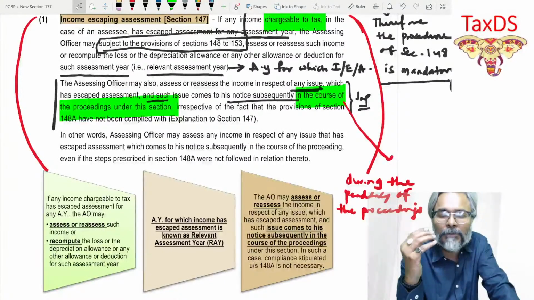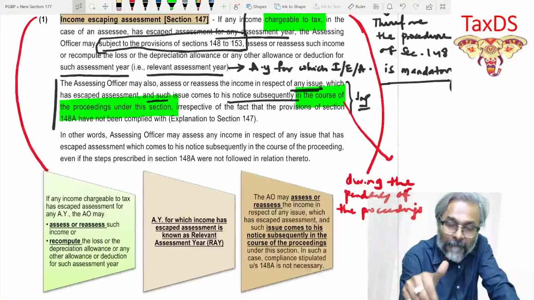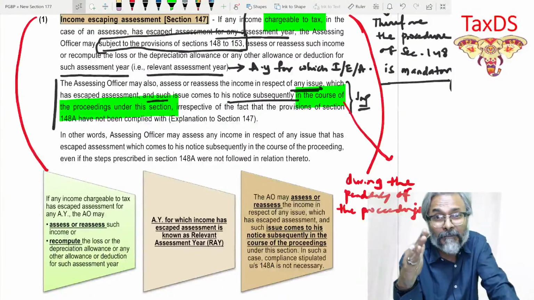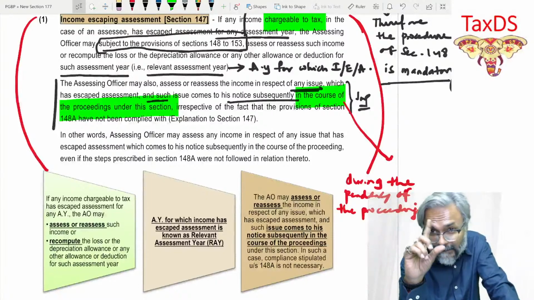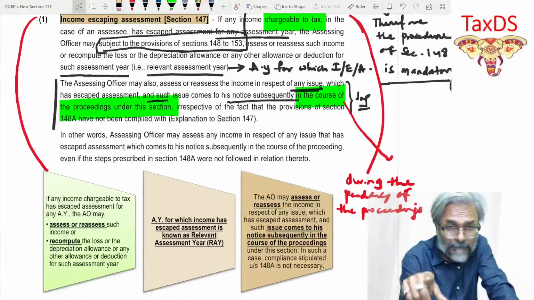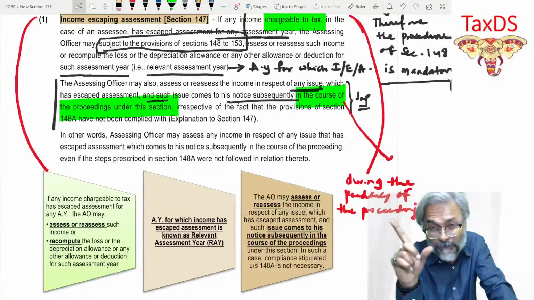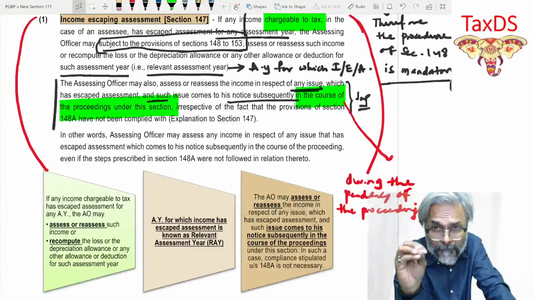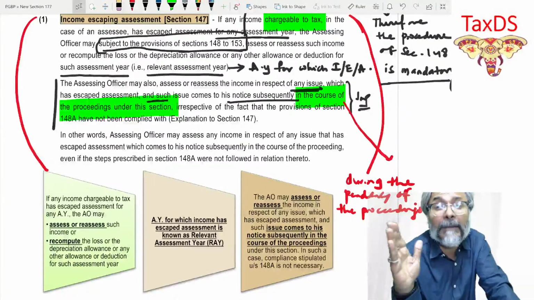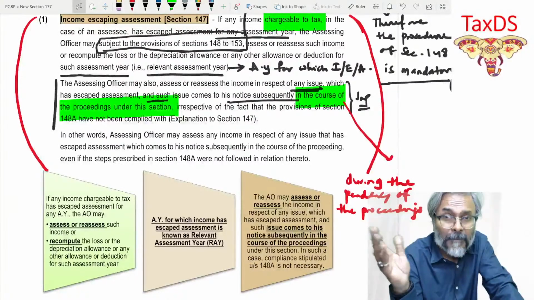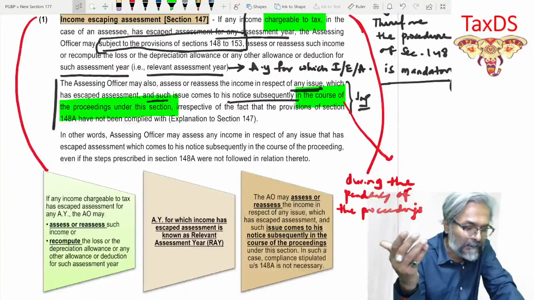So the question to all of you is, while he is doing the assessment under 147, what was the original reason why he started with 147? The original reason was capital gains, which has escaped the assessment. Now, since he is doing the assessment during the pendency of 147, he also came to know that one more income, the business income of the assessee, has also escaped the assessment.